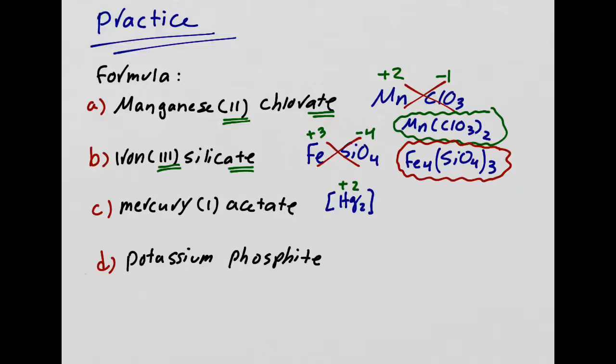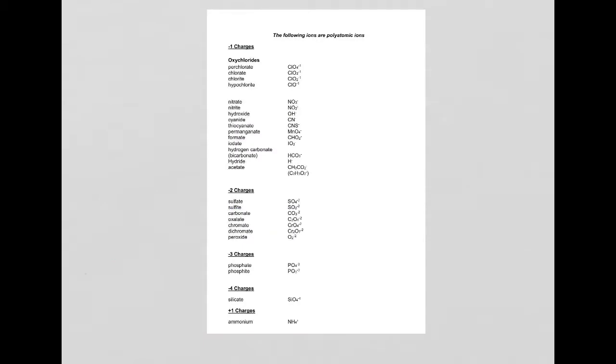Now, let's talk about acetate. When you see "ate", you're going to say, oh, that's probably a polyatomic ion. Let's come over here. Acetate is right here. I want you to pay attention to acetate. There are 2 ways of writing acetate, and both ways are fine.